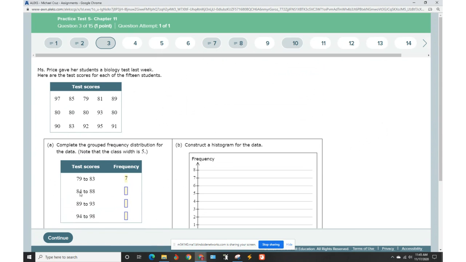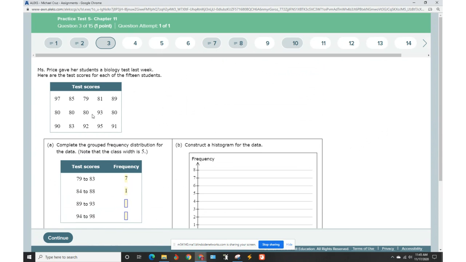Now, how many are between 84 and 88 inclusive? We got 85. That's it. Only 85. Yeah, it looks like that's the only one, doesn't it? 85 is the only one that's in that range there.